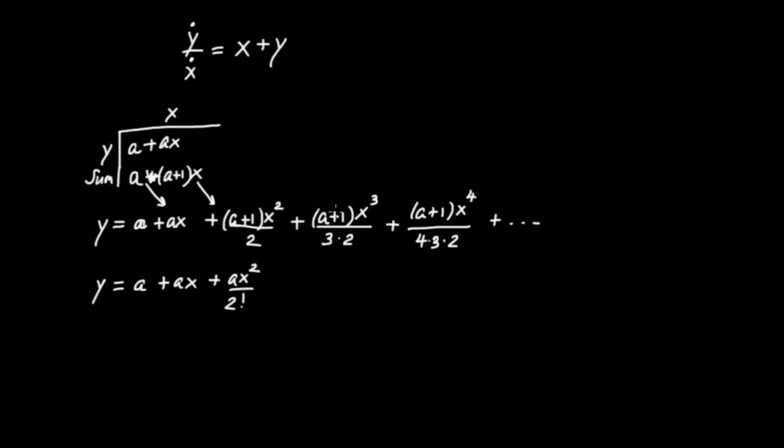And now in this term here, I'm going to distribute a to x cubed. I'm going to get a x cubed over 3 factorial. And now I'm going to distribute the a to the x to the 4th. I'm going to have a times x to the 4th over 4 factorial, and so on.